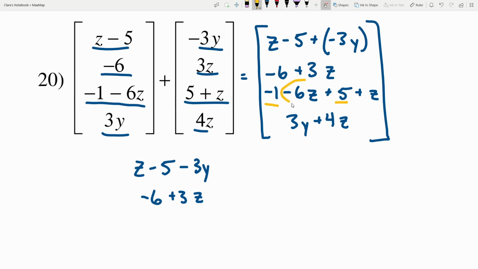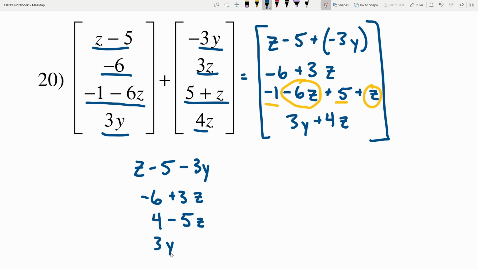And then negative 6z plus z, that's going to be negative 5z. So this negative 1 plus 5 is a positive 4, minus, because I'm subtracting 6z and adding 1z, that'll be negative 5z, so I'll write that as subtracting 5z. So 4 minus 5z, and then my last row I won't change either.